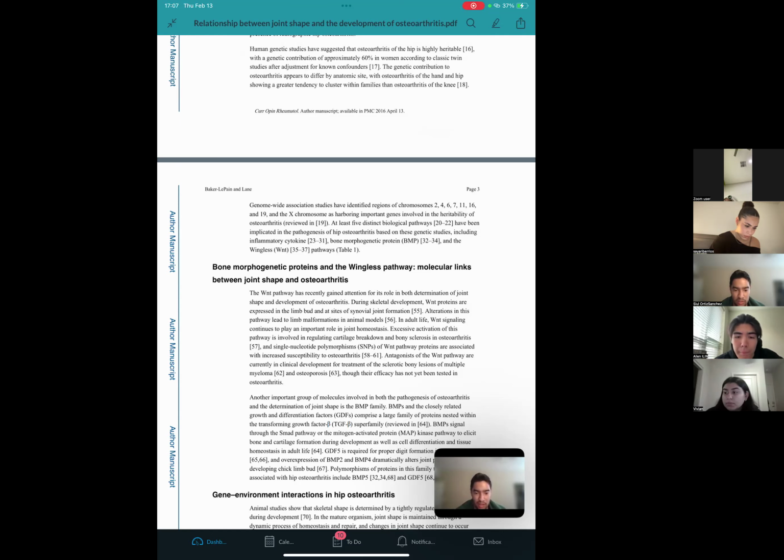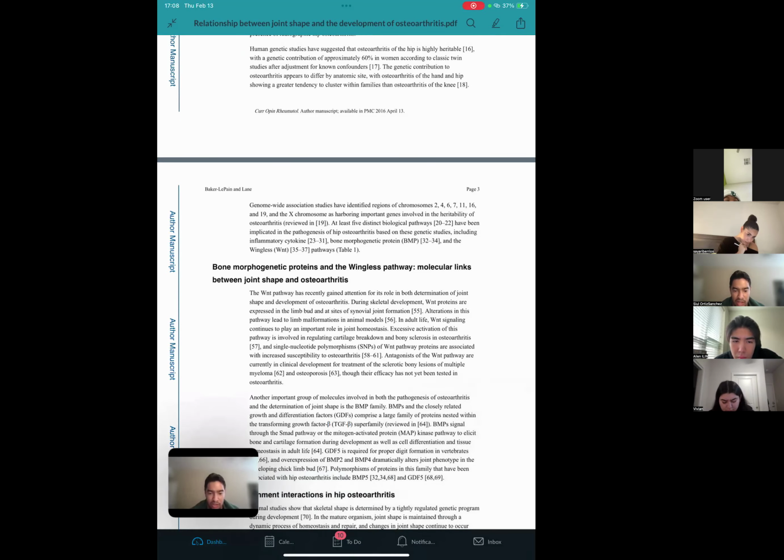BMPs and the closely related growth and differentiation factors comprise a large family of proteins nested within the transforming growth factor superfamily. BMP signals through the SMAD pathway or the mitogen activated protein kinase pathway to elicit bone and cartilage formation during development, as well as cell differentiation and tissue homeostasis in adult life.